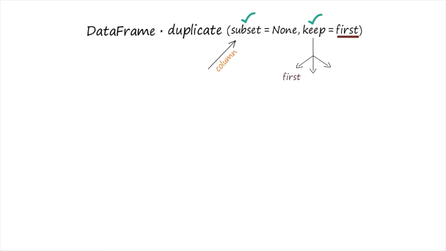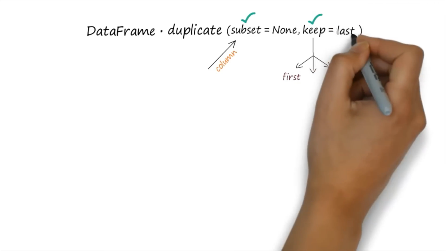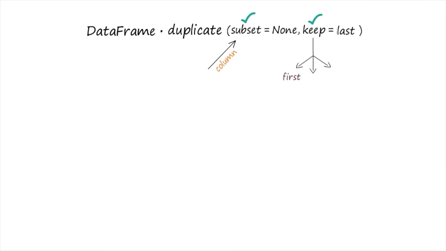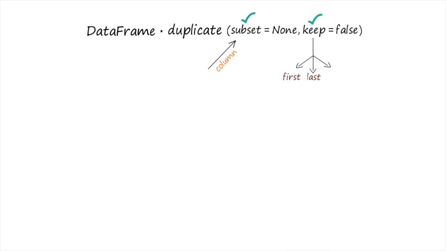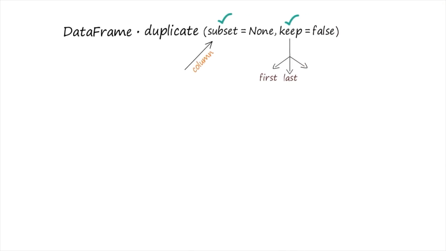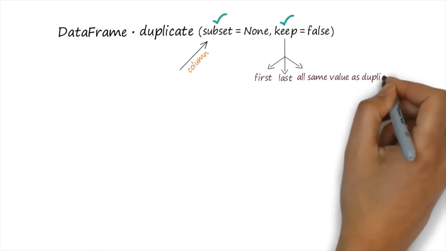Now I can change this programmatically and write keep equal to last within single quotes. At this point, it will consider the last value as unique and the rest of the same values as duplicate. Also, we can replace this portion with False: keep equal to False. So it considers all of the same values as duplicate.